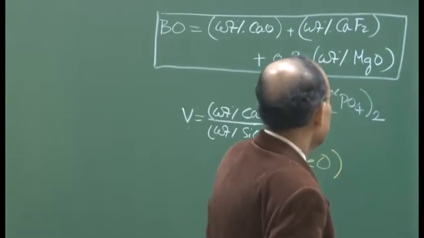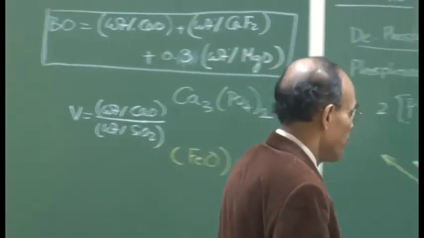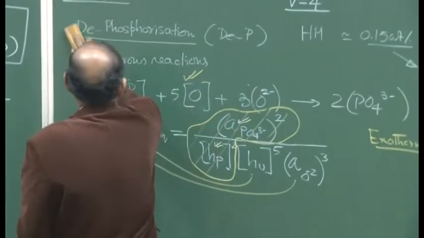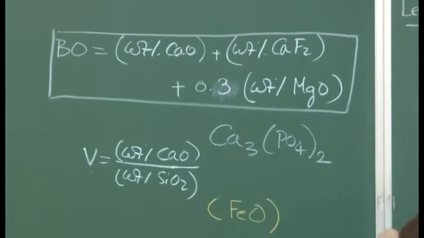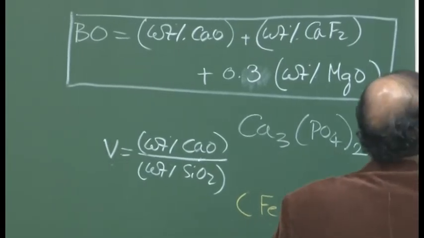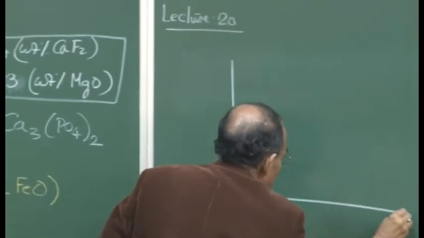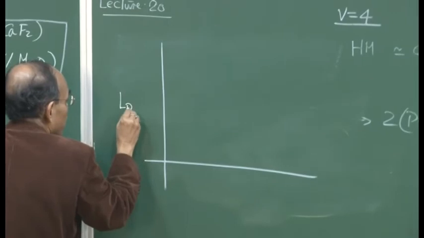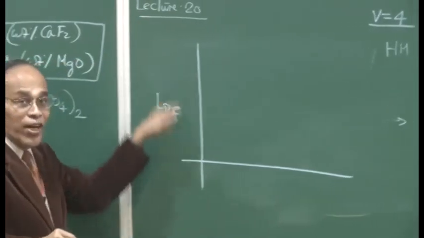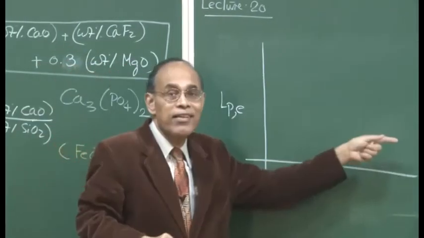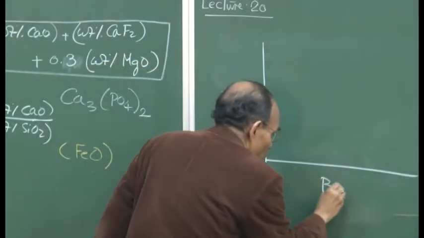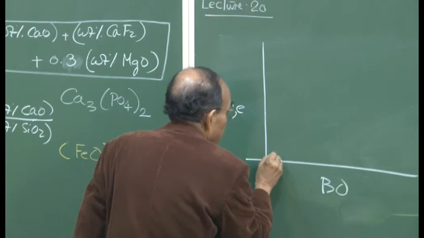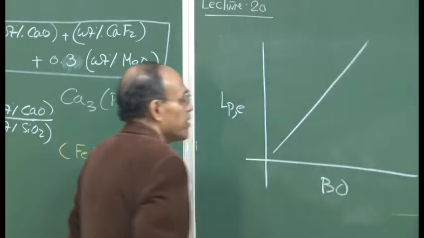If you represent this in terms of a figure, basically you have LPE, and please note this side is on a logarithmic scale, while this side is on a usual scale. And then if you plot the BO parameter, you will find that the line goes something like this.